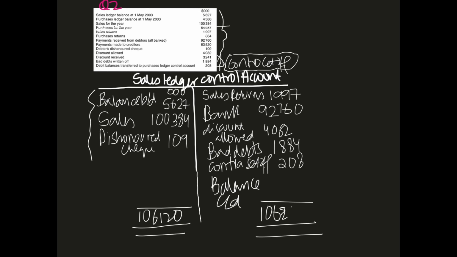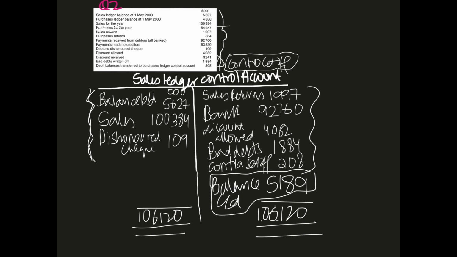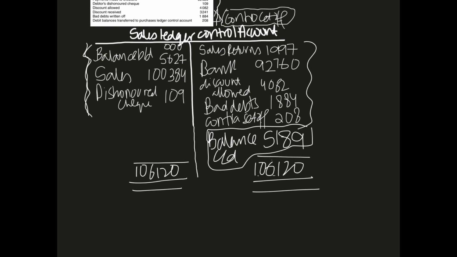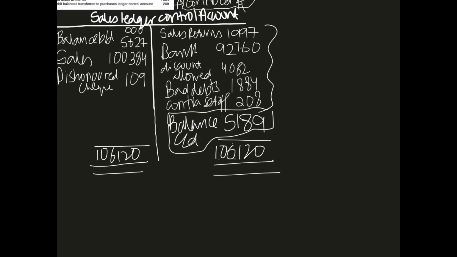106120. Now the balancing figure, which is the difference between this total and this total, is 5189, which is our balance CD, which will be transferred to the next term as balance BD on the debit side.